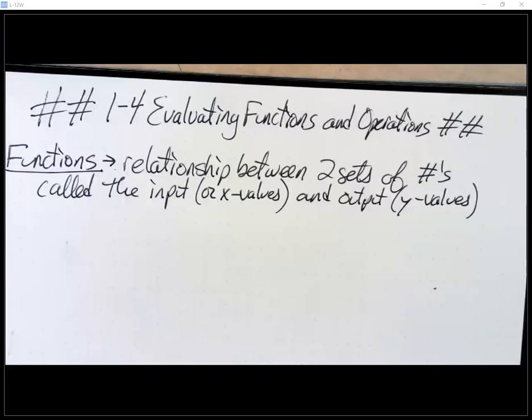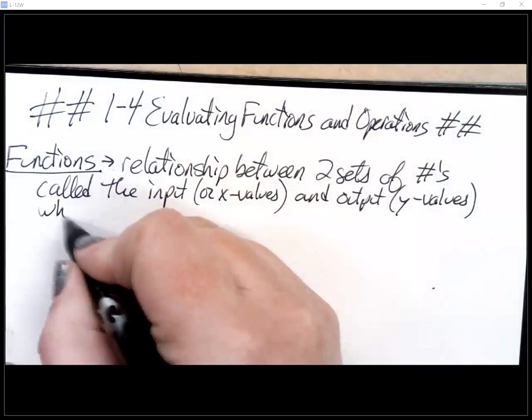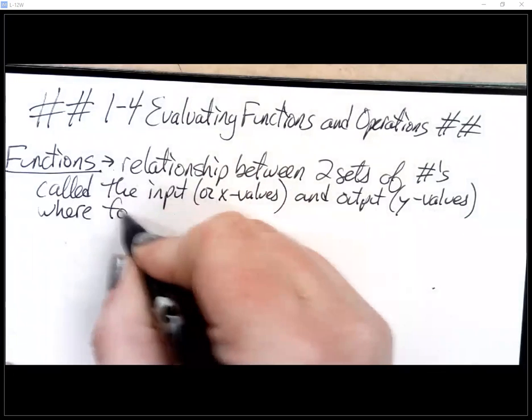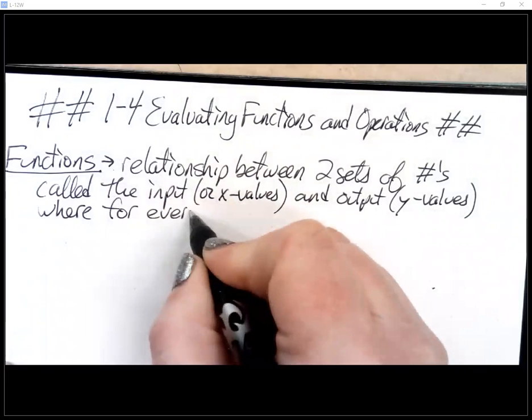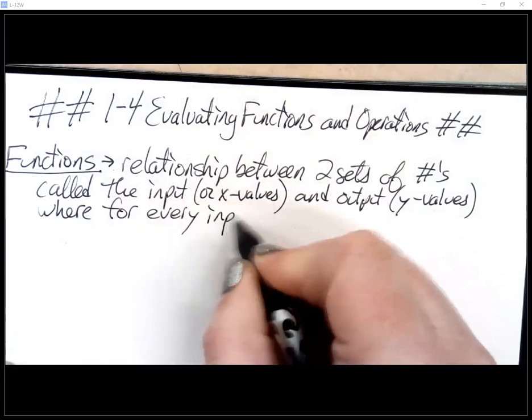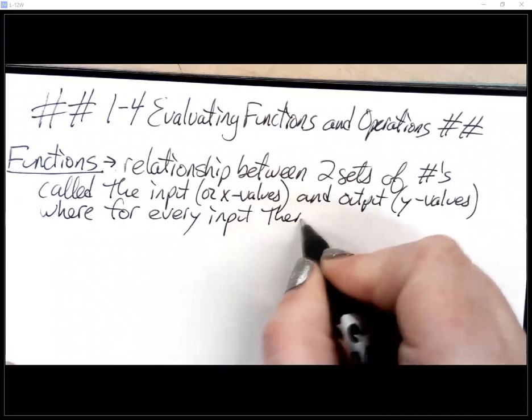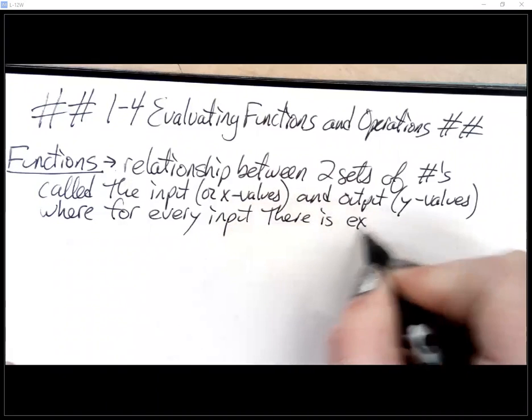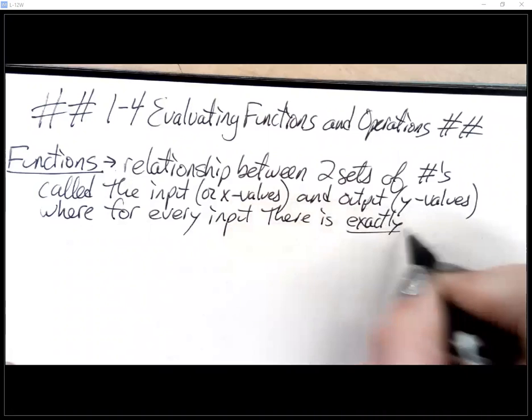Okay, so if I asked you what your age was and you literally had two different answers, now it's not a function anymore. Because now, okay, well, which answer am I giving? Who knows? All right, so relationship between two sets of numbers called the input and output, where for every input, there is exactly one output.